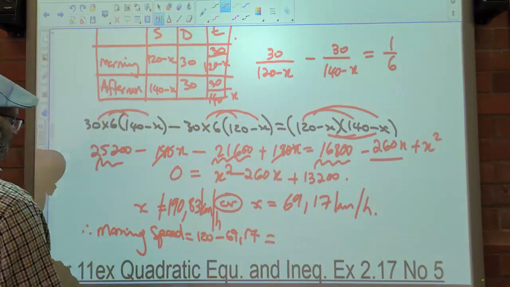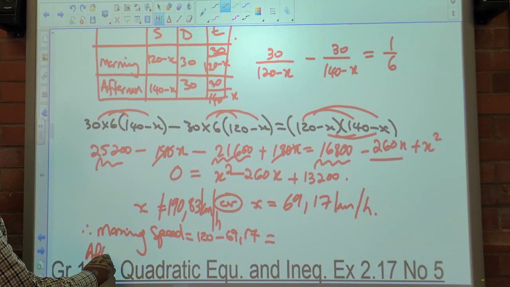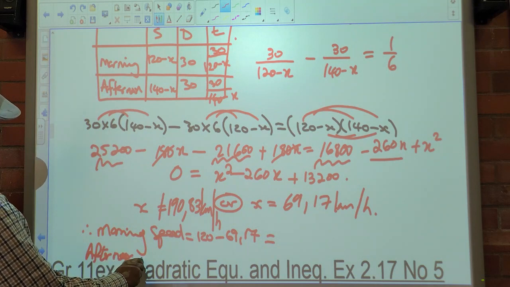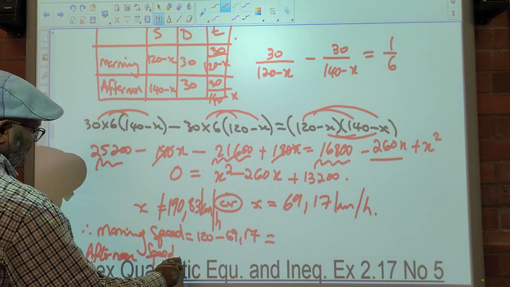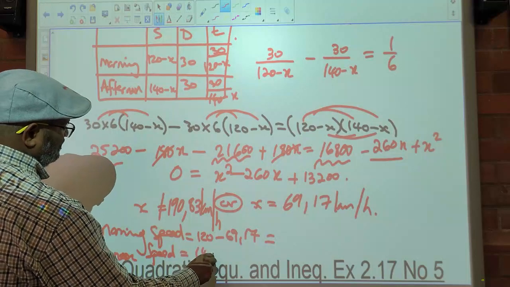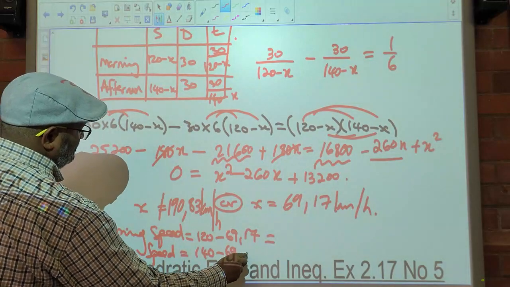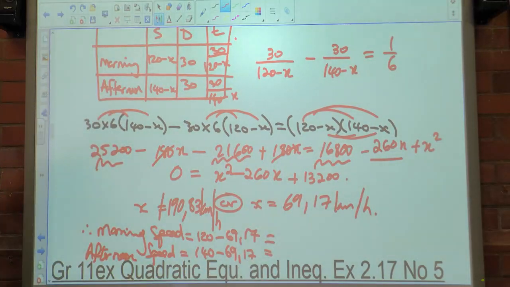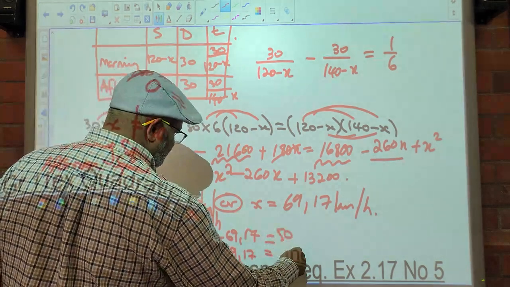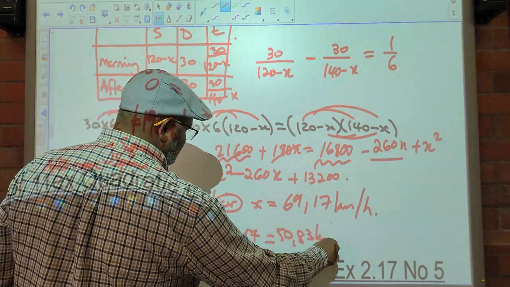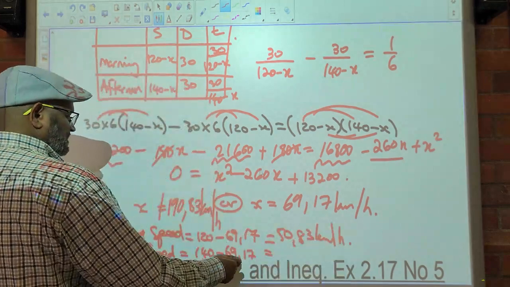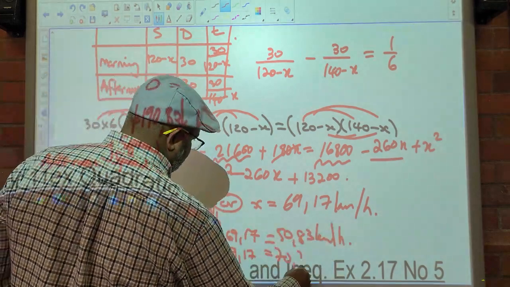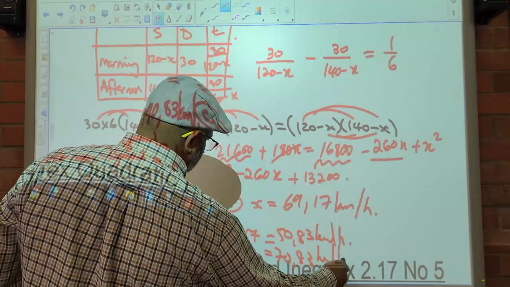Work that out, somebody. And the afternoon speed is going to be 140 minus 69.17. Yes? In the morning is 50.83 kilometers per hour, and in the afternoon is 70.83 kilometers per hour.